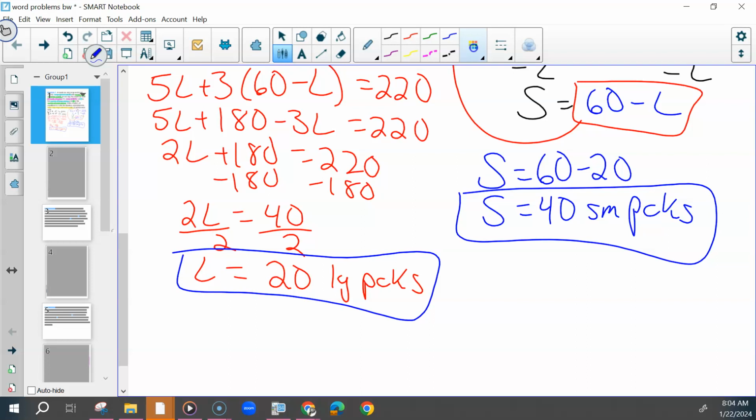So if you've been practicing your substitution, elimination, and graphing, all of that is really the same here. You just have to know how to set up the equation. That's probably the hardest part of this.